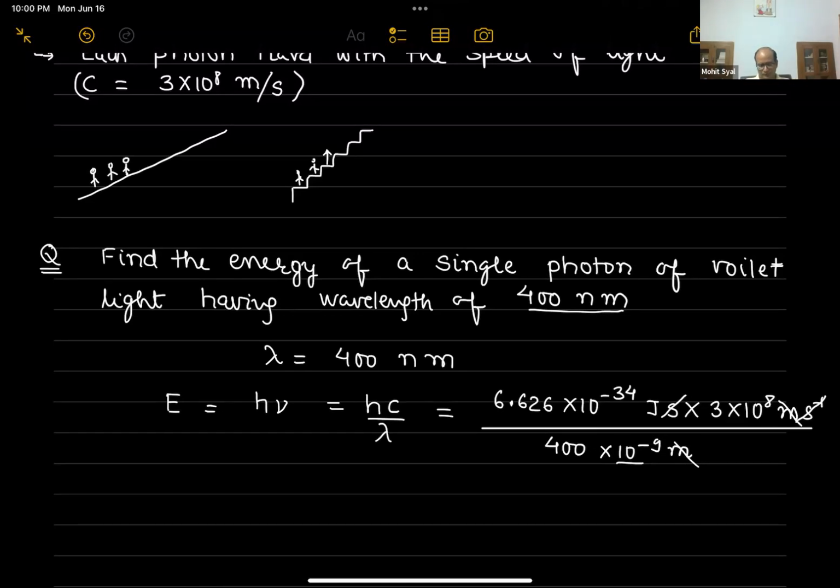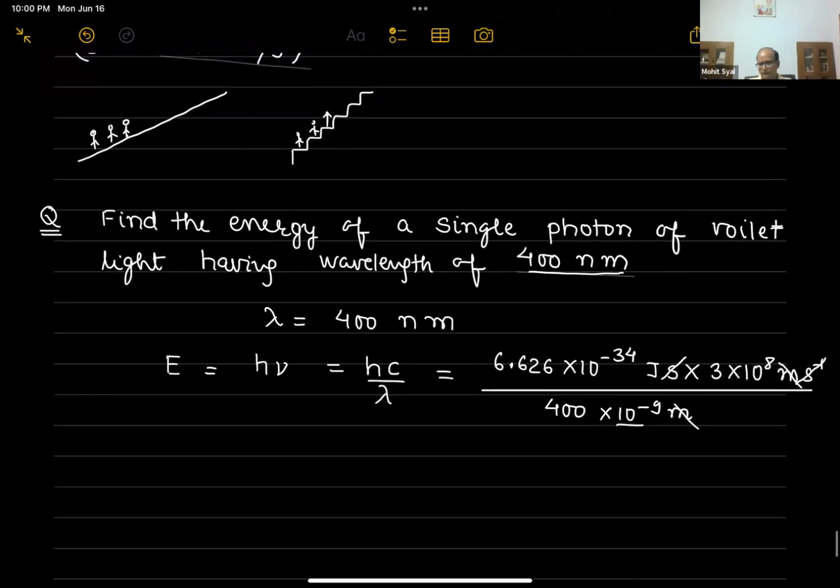So now what to do? Now I will tell you one important trick. H into c, the value of hc. Because both are constants, instead of multiplying them again and again, 6.626 into 10 to the power minus 34 into 3 into 10 to the power 8, get them multiplied.